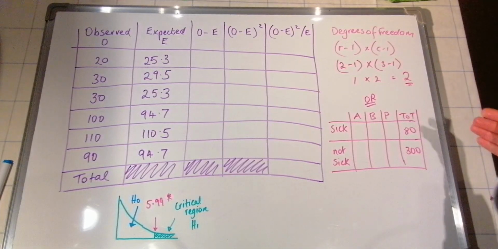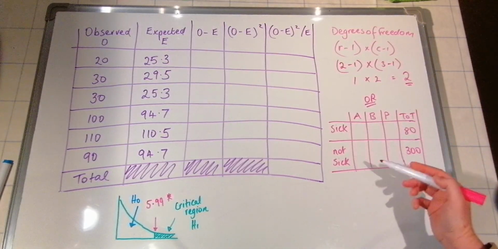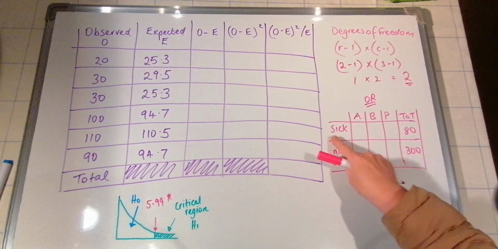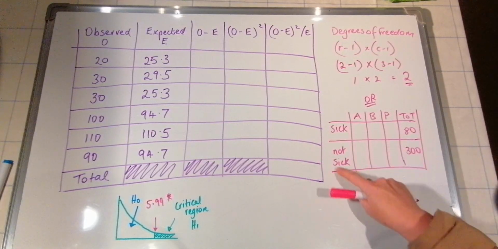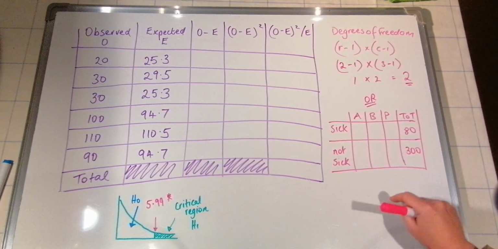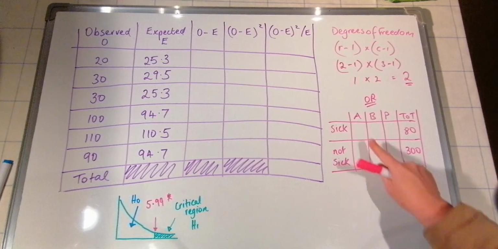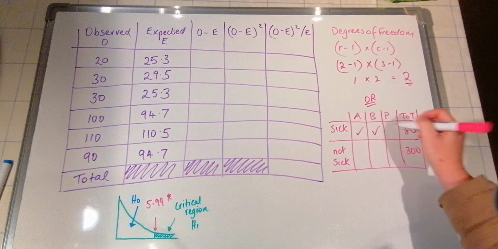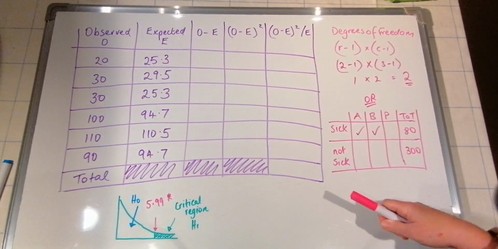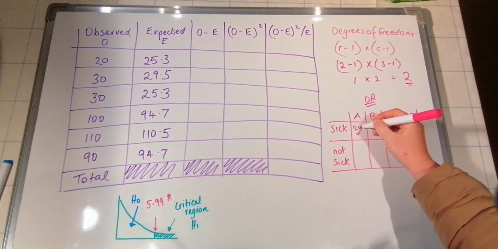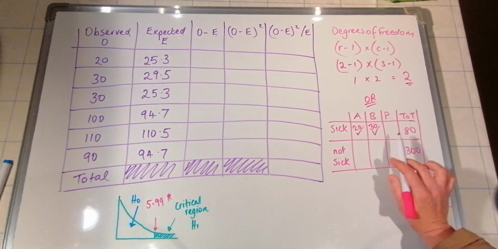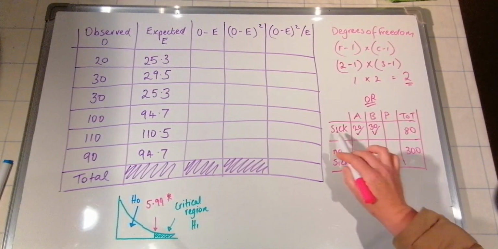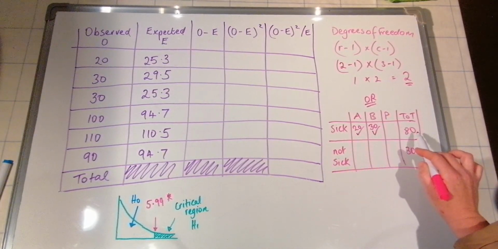Another way to explain degrees of freedom is that in our original table, we knew that the total number of people who got sick was 80. We knew the total number of people who didn't get sick was 300. As long as we're given values for the number of people who took remedy A and remedy B, we can calculate that value on there. So if they tell us that there were 20 people on there and 30 people on there, they don't need to tell us what that value is, because we know that the total has to add up to 80.